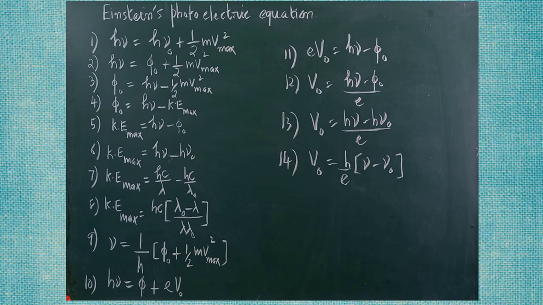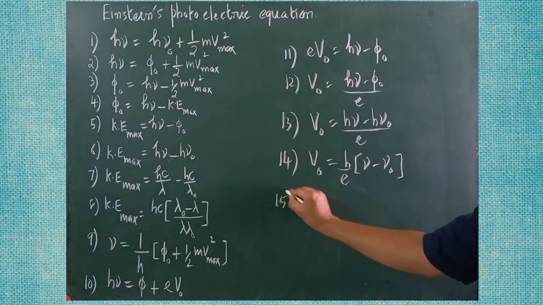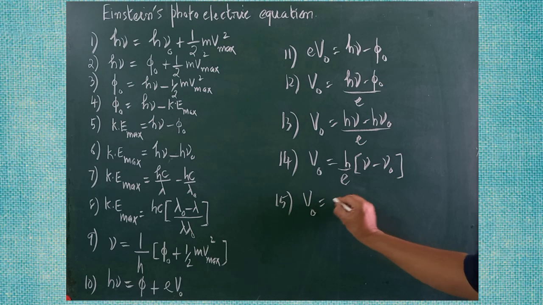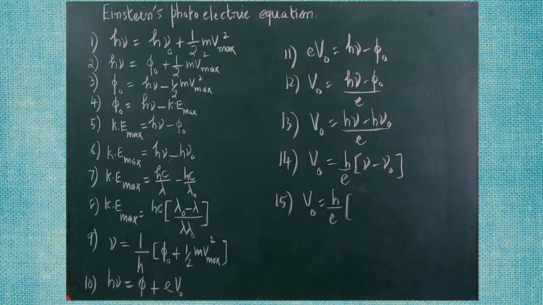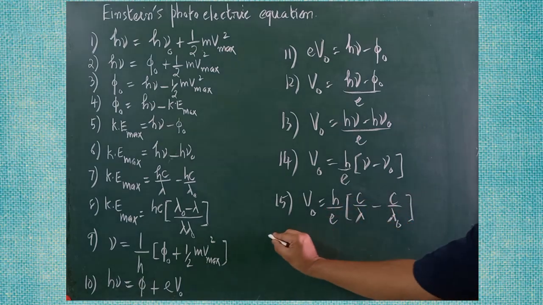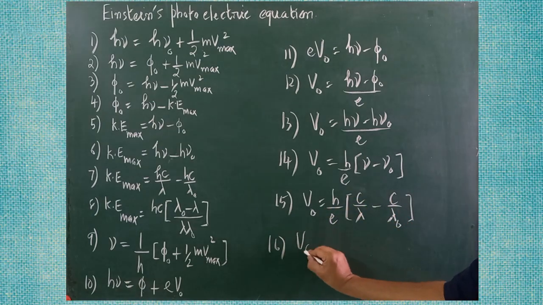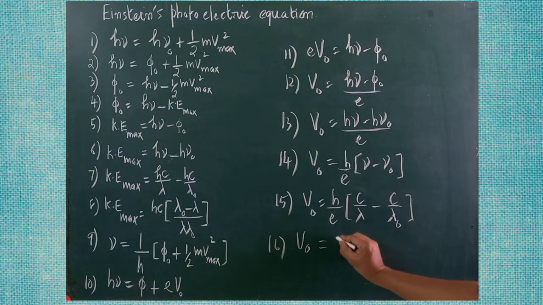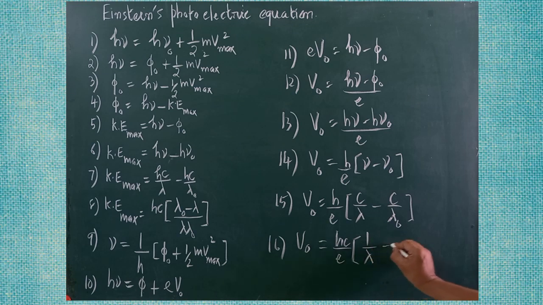Are you clear? The 15th one: V0 is equal to h divided by e, and instead of nu we can write c by lambda, minus c divided by lambda naught, and the c can be taken out, and finally we will get the formula for stopping potential, that is hc divided by e, in bracket 1 by lambda minus 1 by lambda naught.